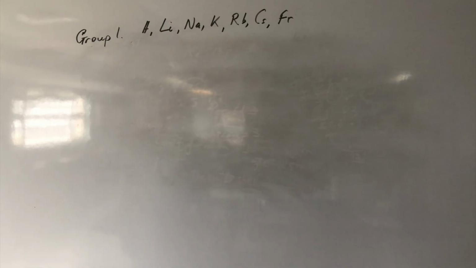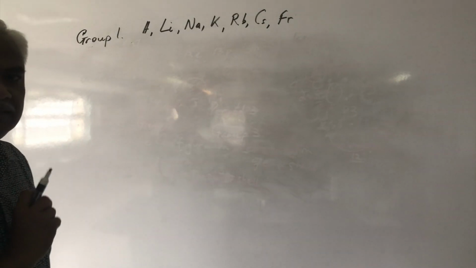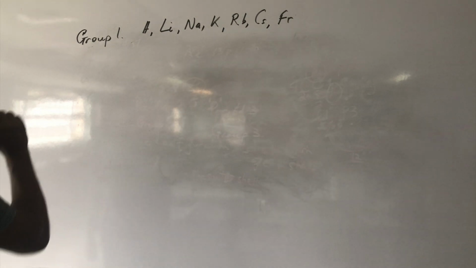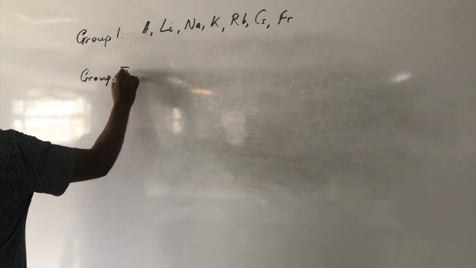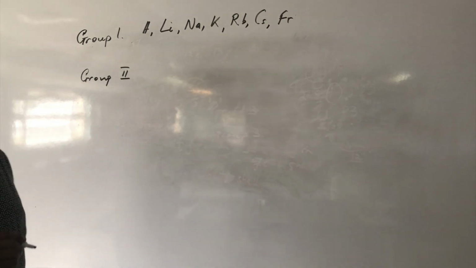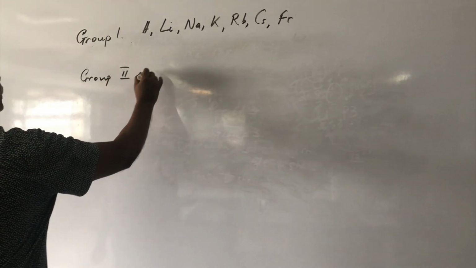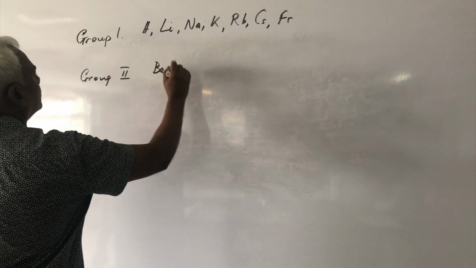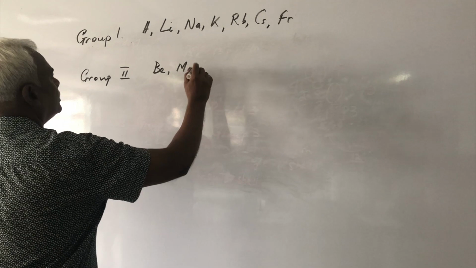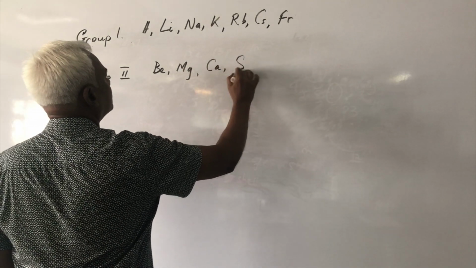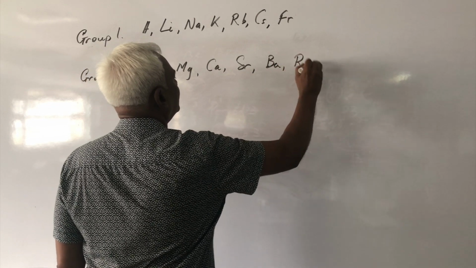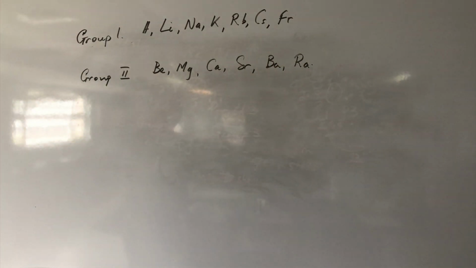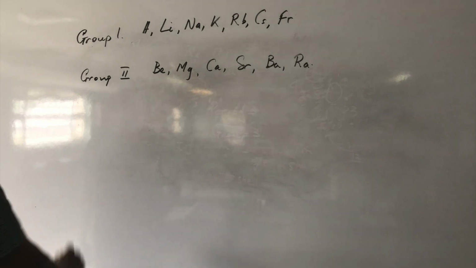That's group 1. Okay? Now, group 1 is called the alkali metals. We have group 2. We have beryllium, magnesium, calcium, strontium, barium, and radium.